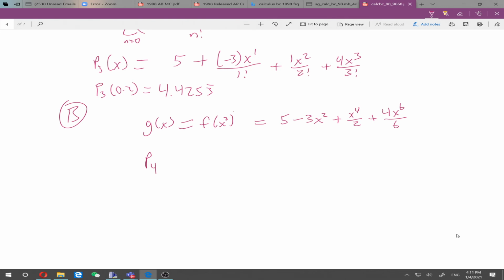then I'm going to call this something different, maybe. What's after P? Q. So the 4th degree approximation of g of x should only go until which term? The third. Third term, perfect. So this is 5 minus 3x squared plus x to the 4th over 2.